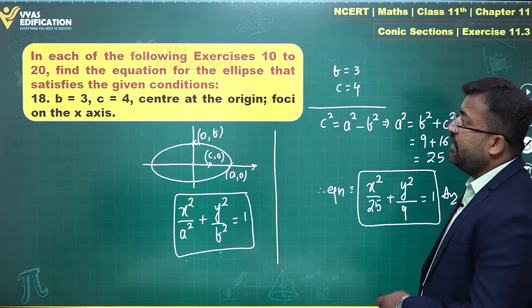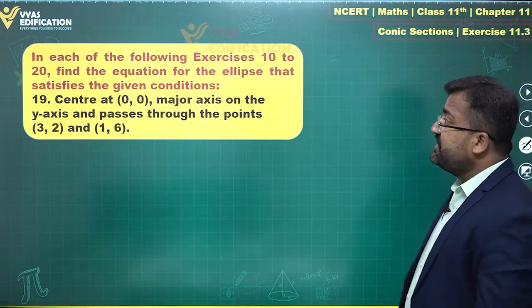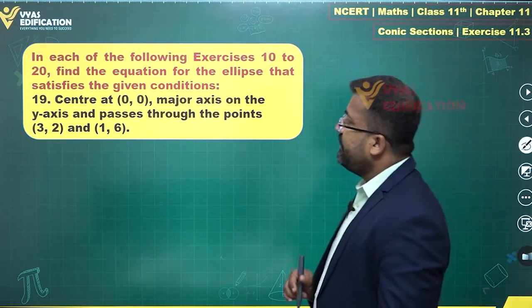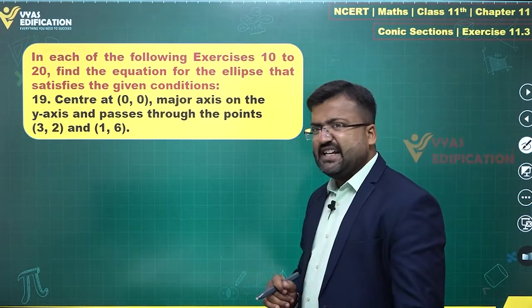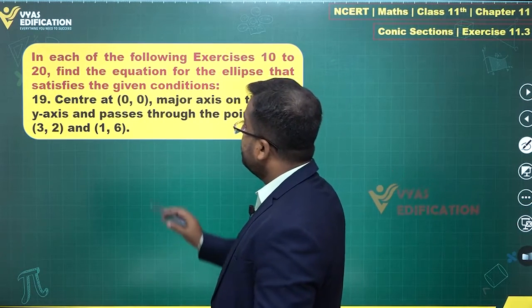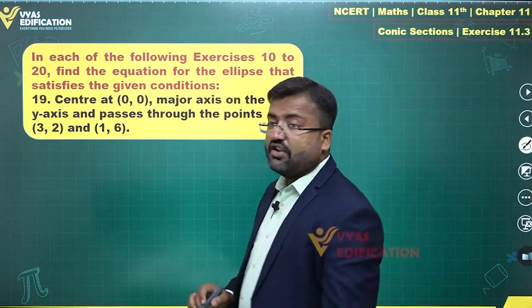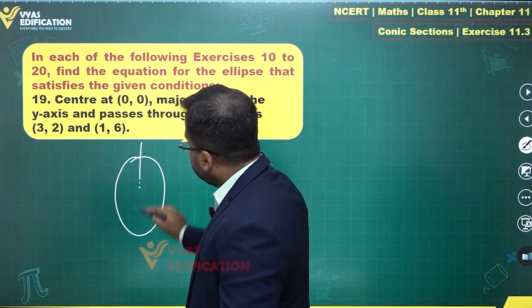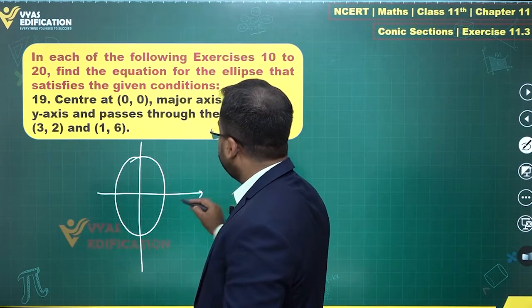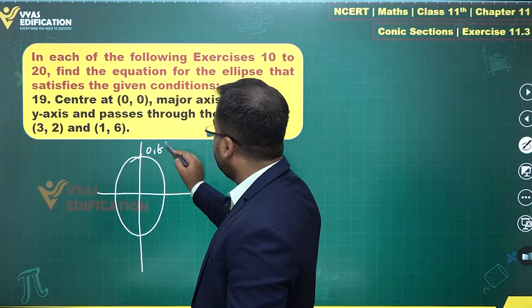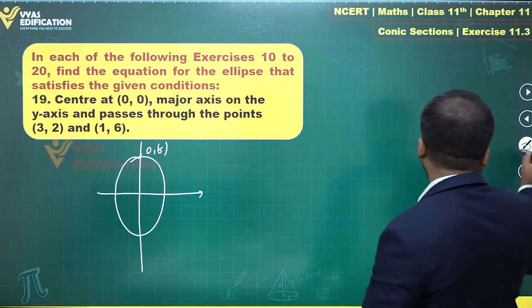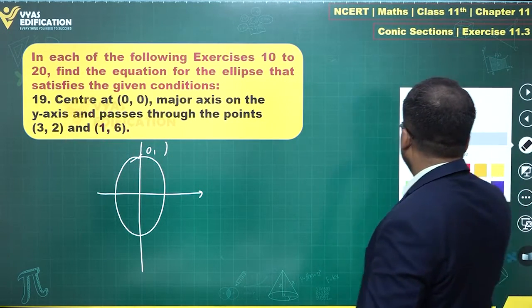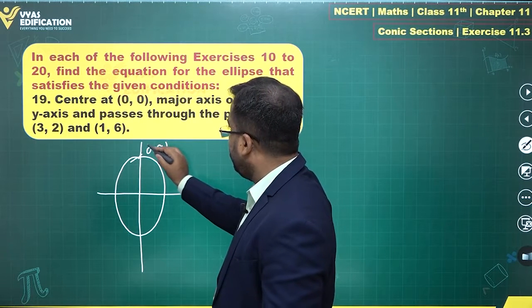The 19th question says we have center at 0, 0, major axis on the y-axis, and it passes through the points this and this. Center at 0, 0 and major axis along the y-axis implies that this will be a vertical ellipse. This is 0, b, 0, a over here. Since this is the major axis, it is represented by 0, a.